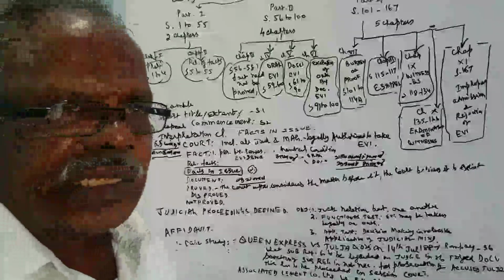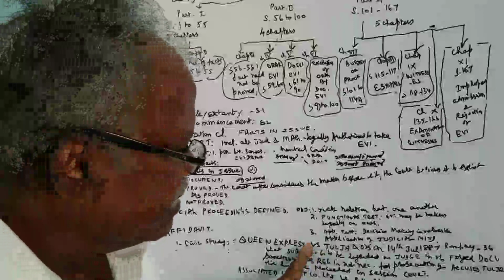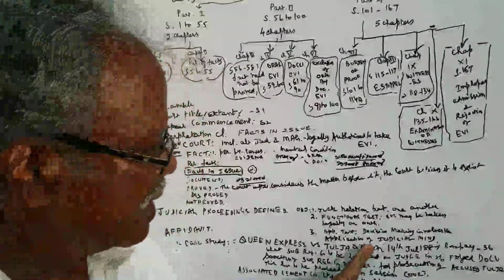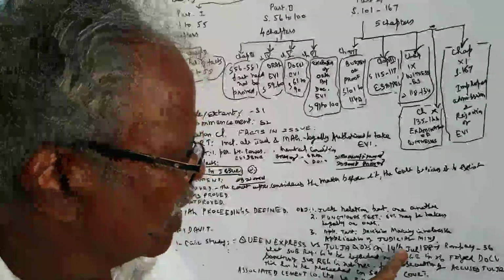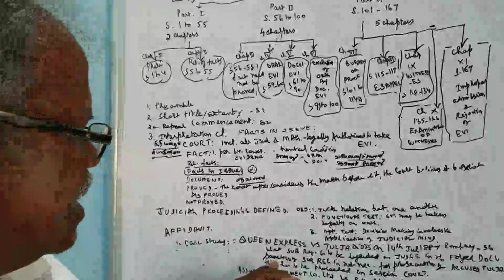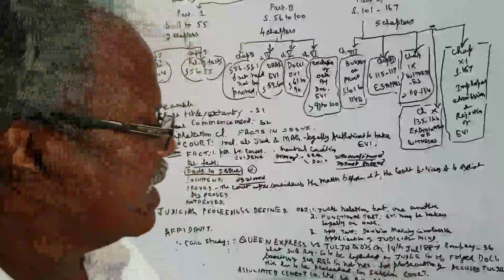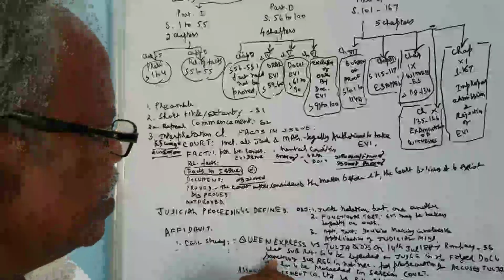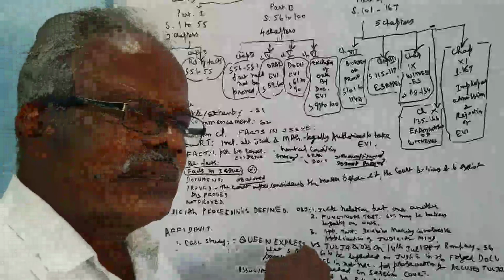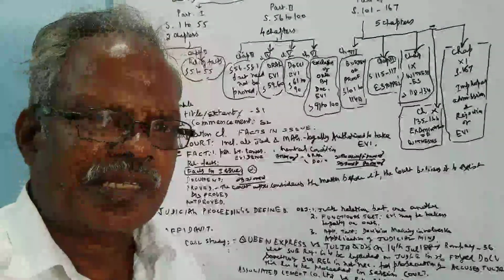Then the other thing we are going to talk about is a case study: Queen Express versus Tulaja and others, on 14th July 1887, Bombay 36. This case pertains to the registration of a document.